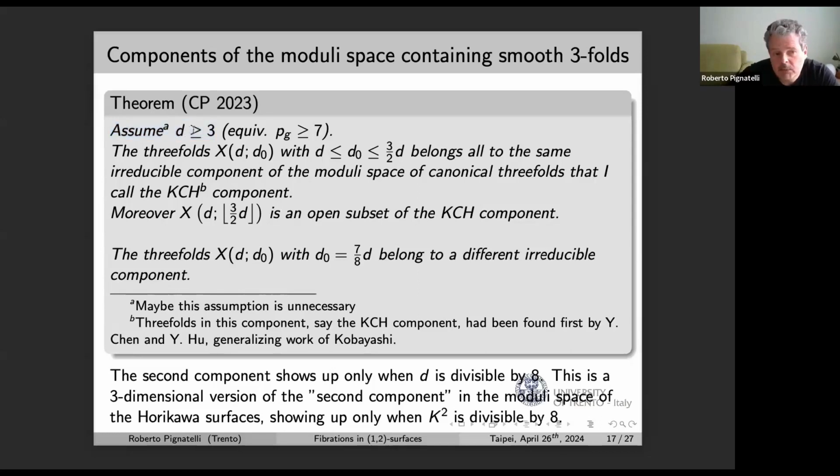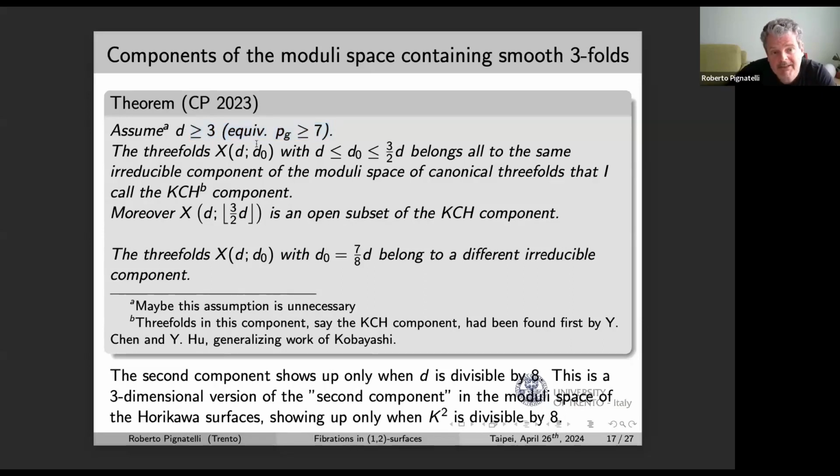However, if at least we assume PG bigger than 7, which includes those PG bigger than 11, where I know that I'm dealing with all, considering simple fibrations in 1, 2 surfaces, I'm dealing with all threefolds on the neutral line.